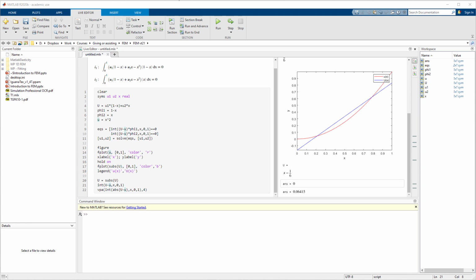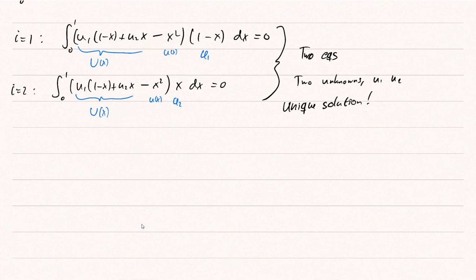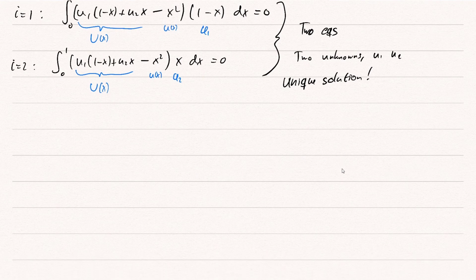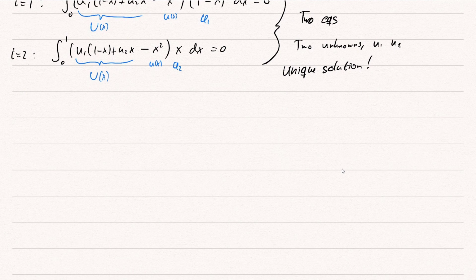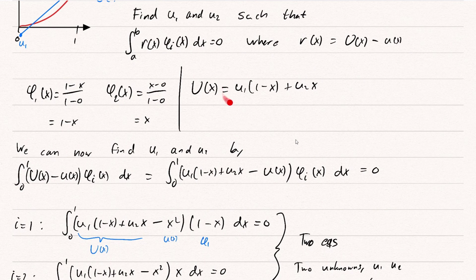What else can be said? Well, if you go back, I can tell you that choosing this approximation that we have done here is of course not the only option.